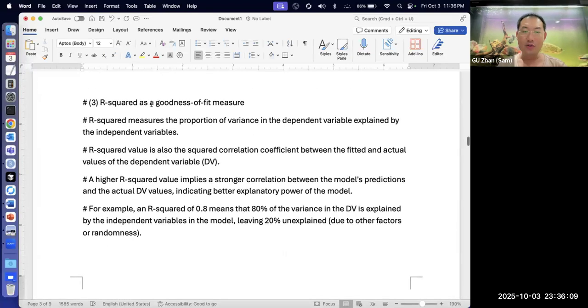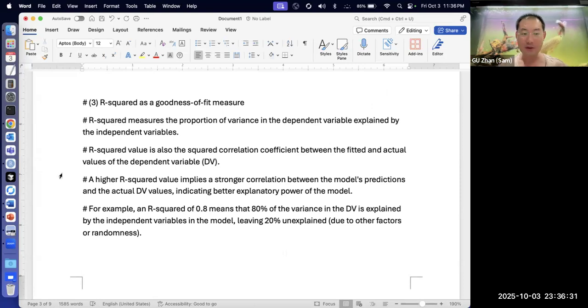R squared is a goodness of fit measure. We have R squared, and we have adjusted R squared. R squared explains the variations, or the variance, in the target variable, the dependent variable.